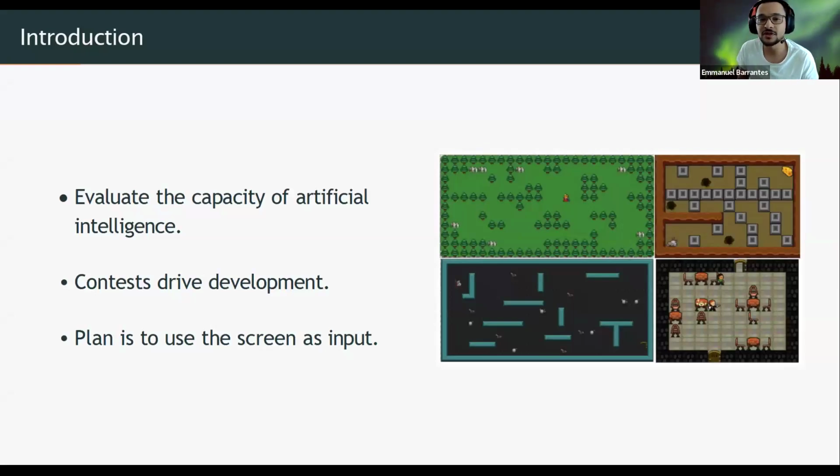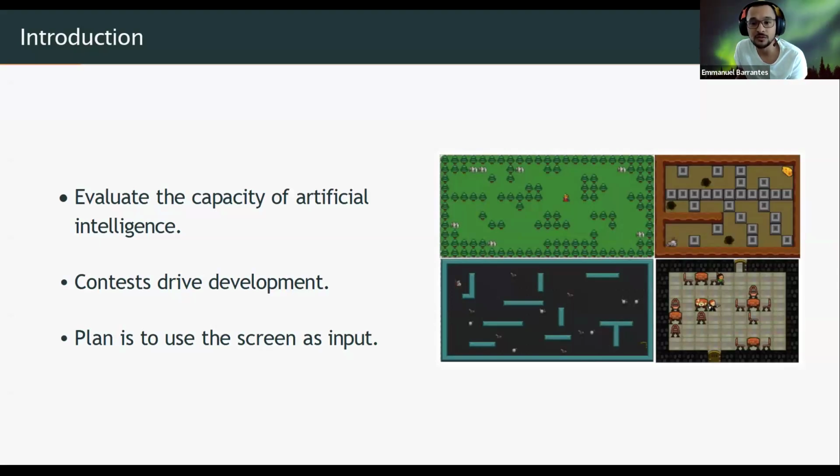One important competition is the general video game artificial intelligence, which uses a video game description language. However, there are limitations when using a video game description language, as not all the games can be accurately described with it. In this research, experimentation was conducted with Terraria. It's a video game. We aim to utilize the screen as an input for this artificial intelligence research.